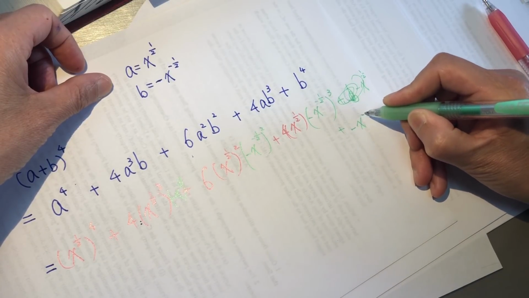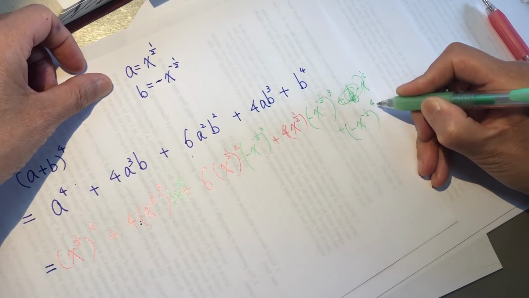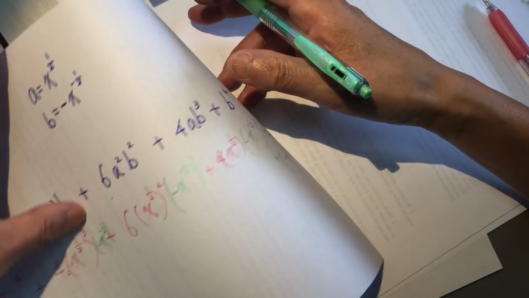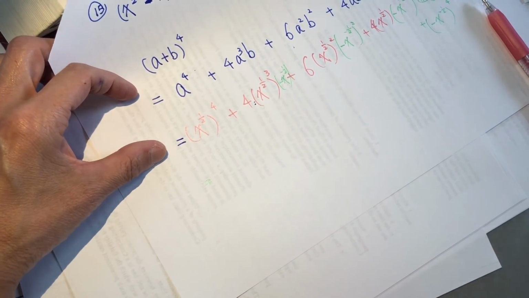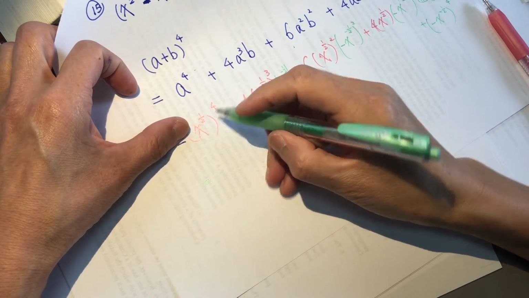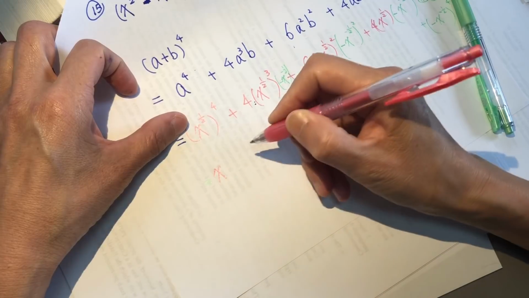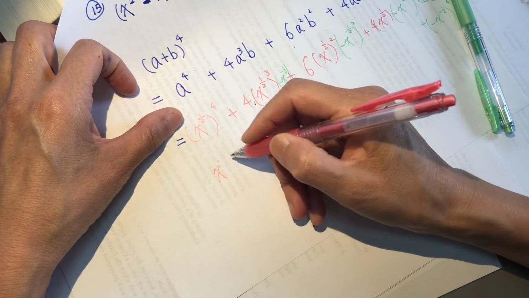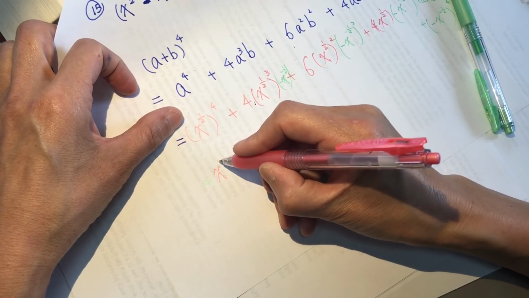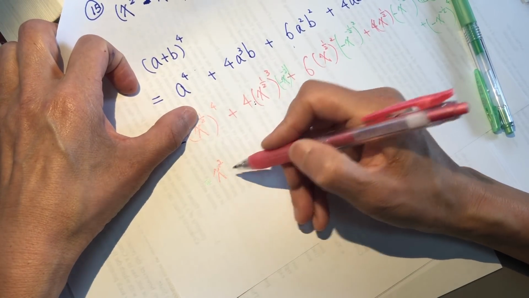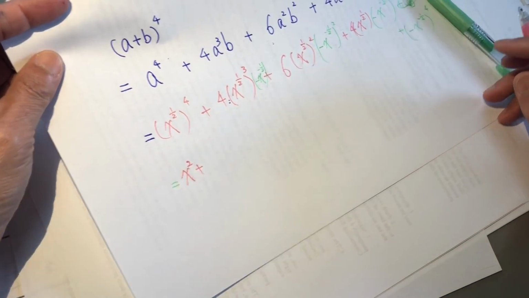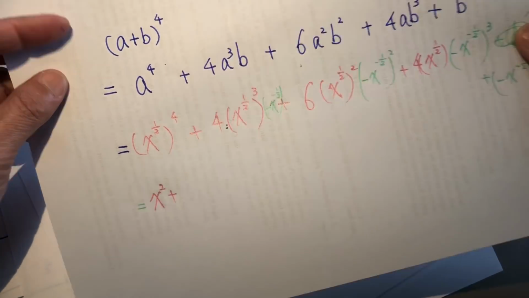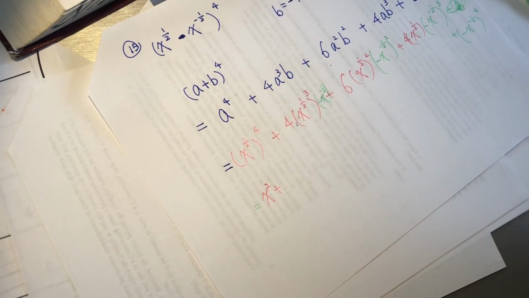Negative x to the power of 4, right? a to the power of 2, 2 times 4 is 2. Can you see it clearly? The green is not a good color. Okay, I will use my writing pen again.